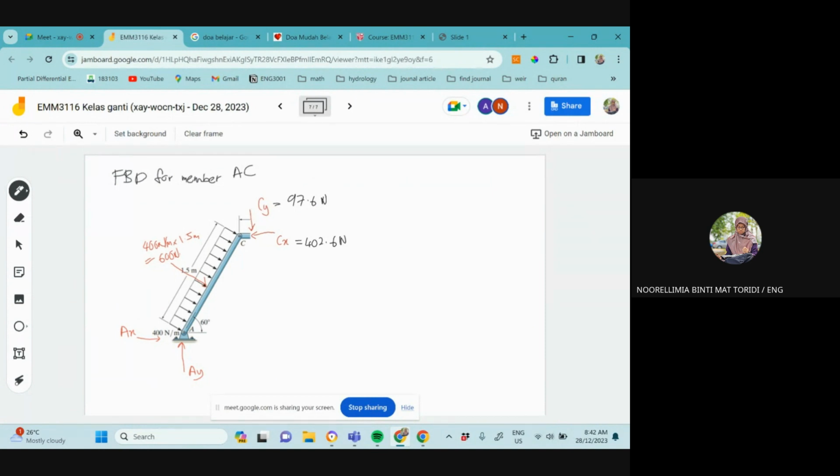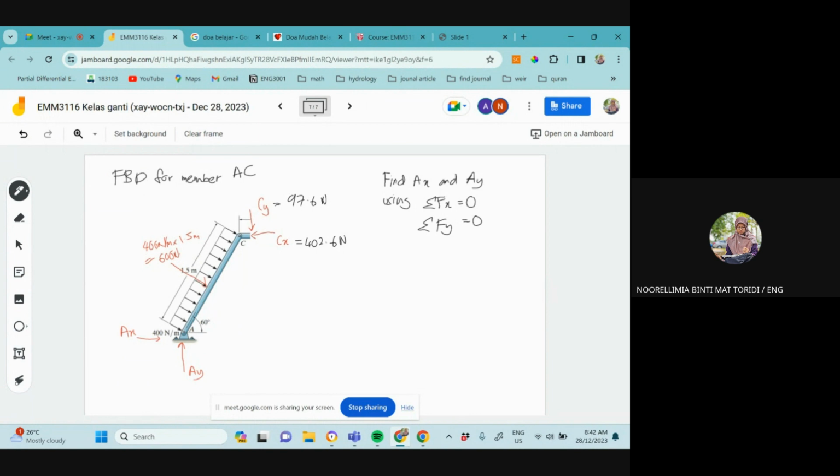So now we can find Ax and Ay using summation of Fx equal to 0, summation of Fy equal to 0.